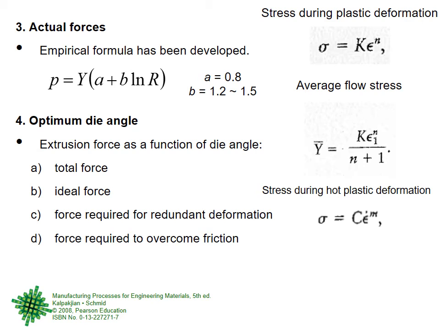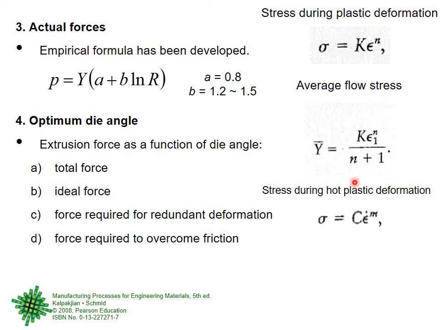Now again, if you have to find the pressure and so forth as a general equation, then I am reminding you of the general equations of materials, that plastic stress, this sigma is Y, K epsilon N. If you know the epsilon, the strain, true strain at any point, then for a given material, the K and N can be found from the tables in chapter 2 of the book, and you can find the flow stress Y. The average flow stress is K epsilon N upon N plus 1.